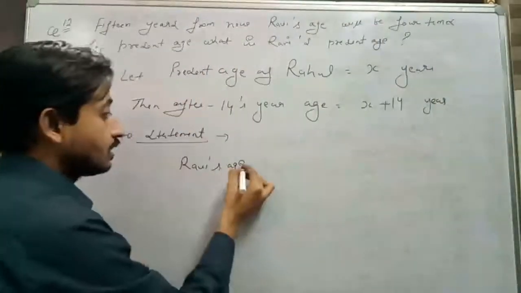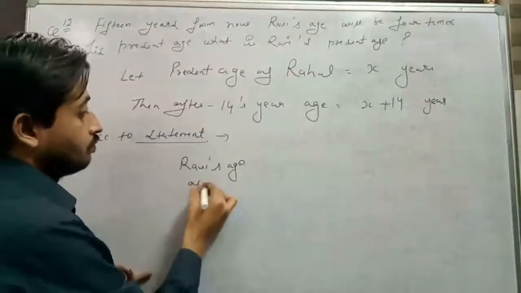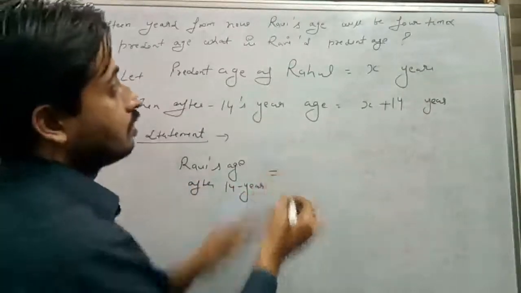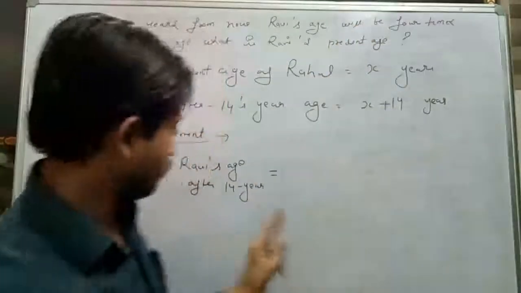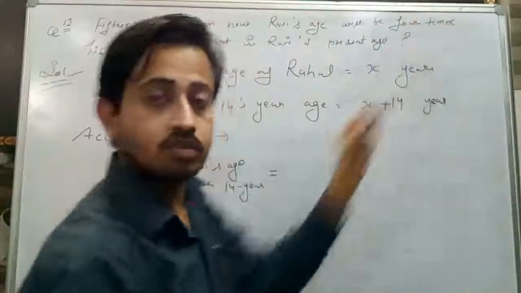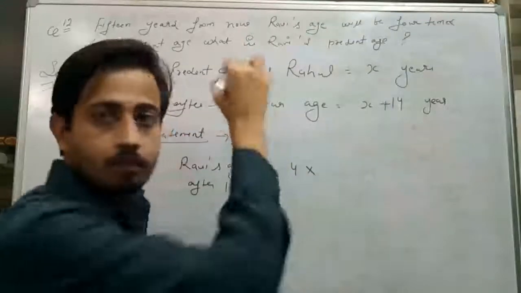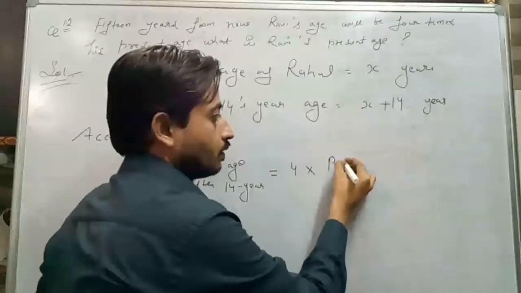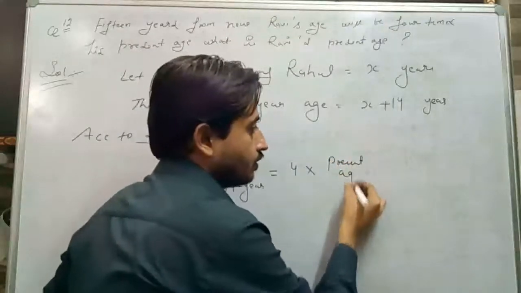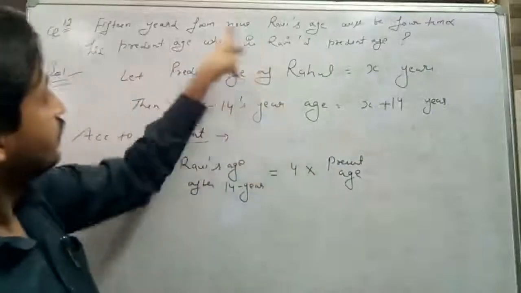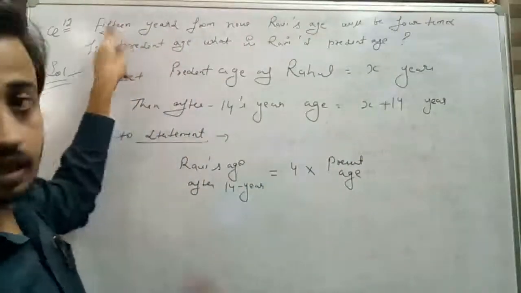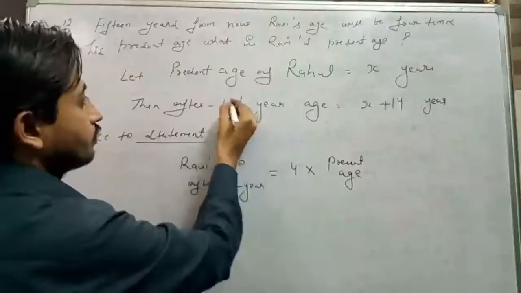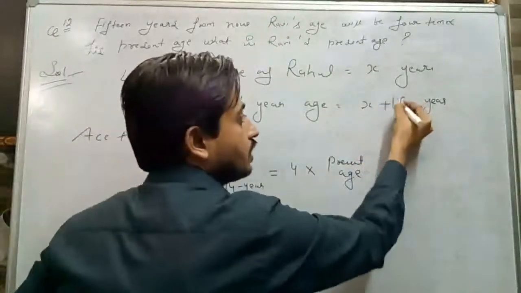It means Ravi's age after 14 years will be equal to 4 times, 4 multiplied by his present age. Now again, I am taking 14 here, sorry, but it is 15. So we have to make the correction to 15.